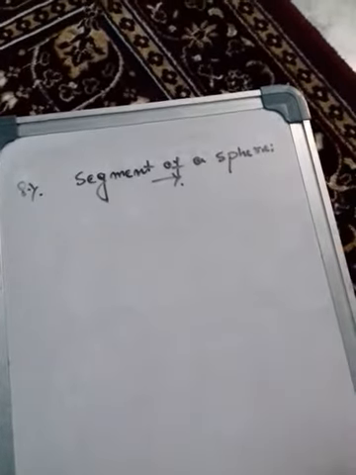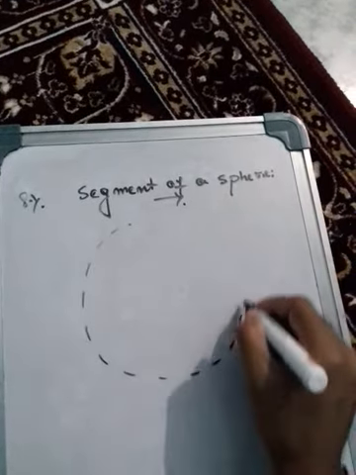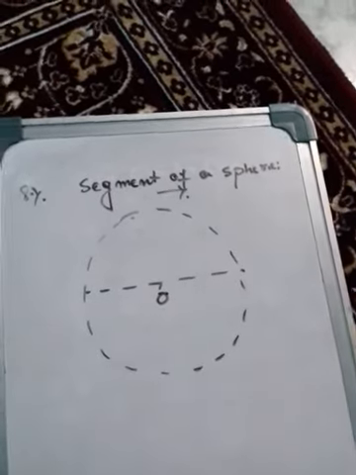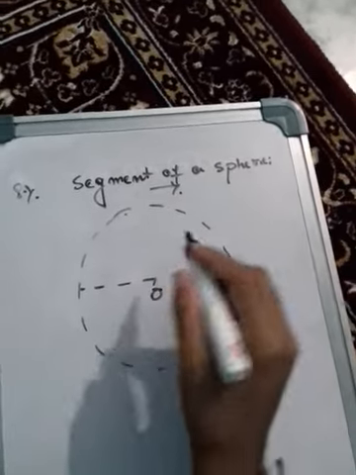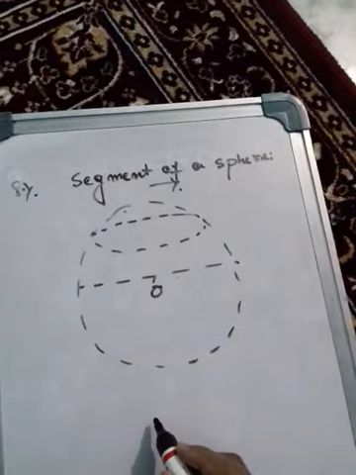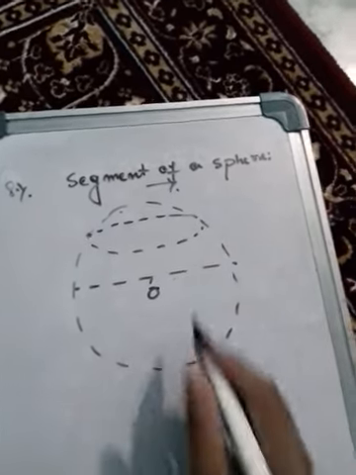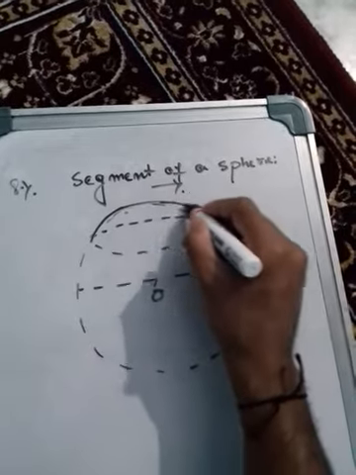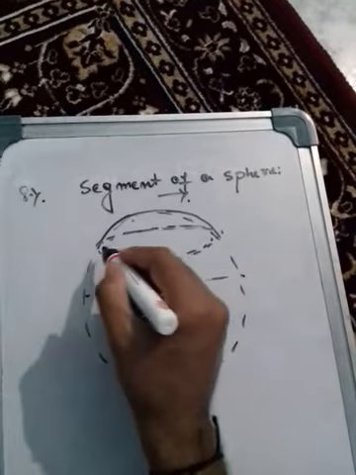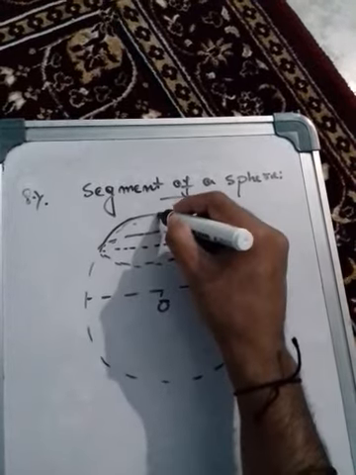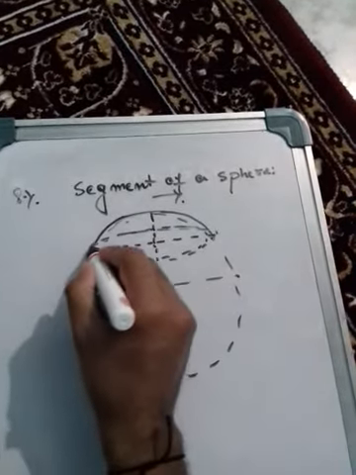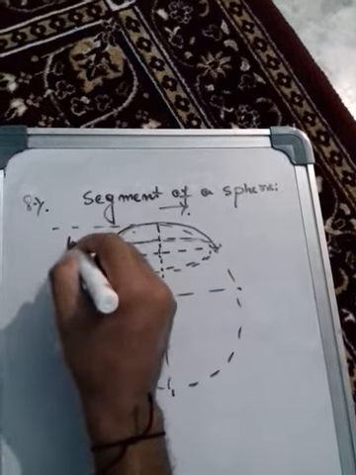Suppose this is the diameter at O, this is the center, and this is the segment of the sphere from the total circle. This will be the axis. Suppose this height you take as h.